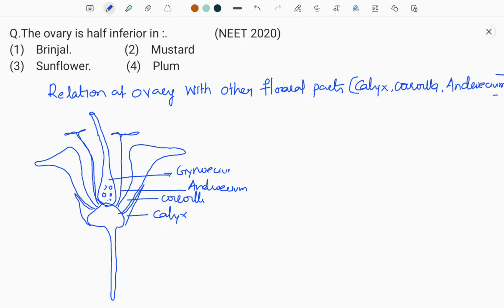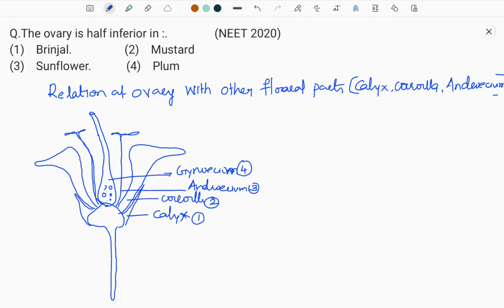Now you can find which is at the top in position on the thalamus. Is it calyx? No. Calyx is the lowermost position, that is first. Then corolla, second position. Then androecium, third position. Then gynoecium, fourth position.